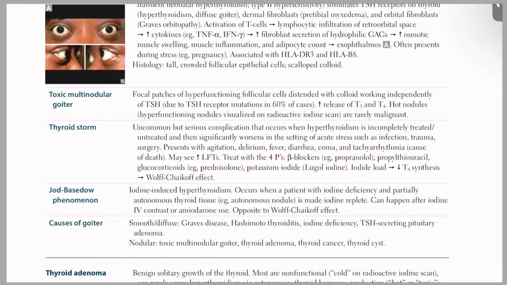Thyroid storm, uncommon but serious complication that can occur when hyperthyroidism is incompletely treated or untreated, then significantly worsens in setting of acute stress such as infection, trauma, surgery. Presents with agitation, delirium, fever, diarrhea, coma, tachyarrhythmias, can cause death.